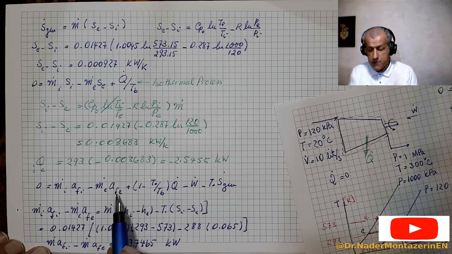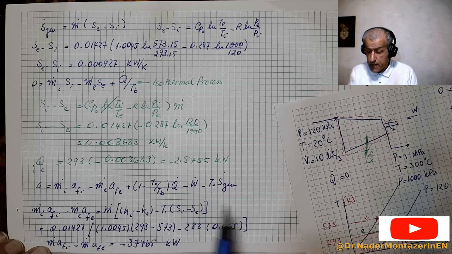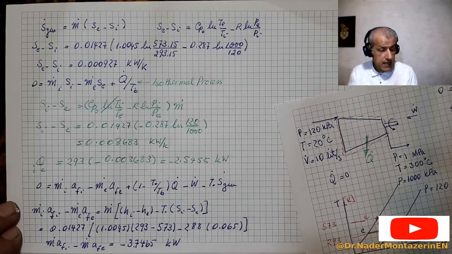Now for our real compressor, this heat term is 0 since it's adiabatic. We know the work, and we know T0 S dot gen. We can calculate it.